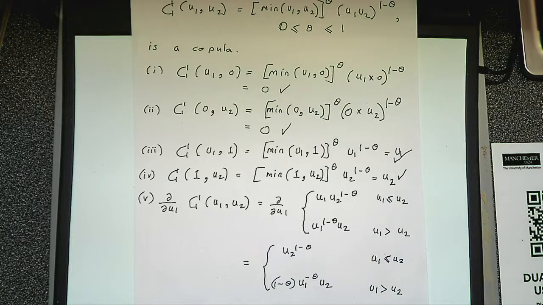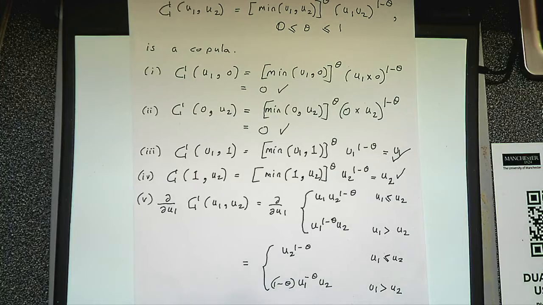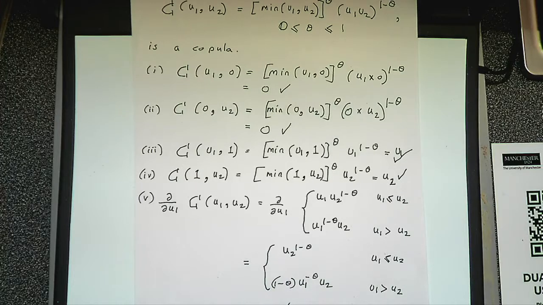Okay, and clearly this is non-negative, and so is this one, because theta is a number between 0 and 1. So this is greater than or equal to 0, and therefore condition 5 is satisfied.